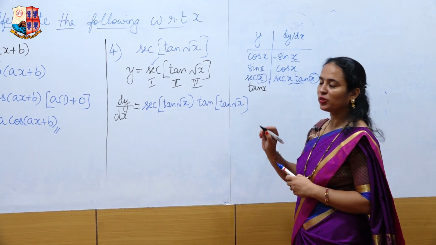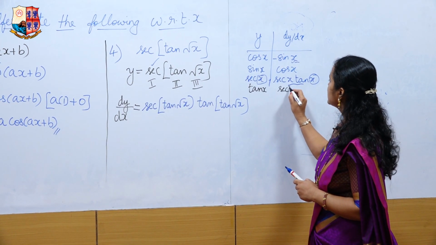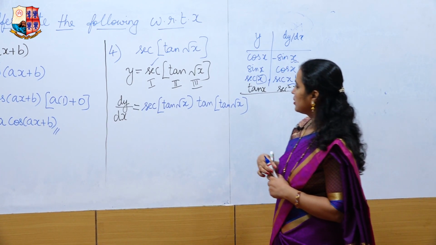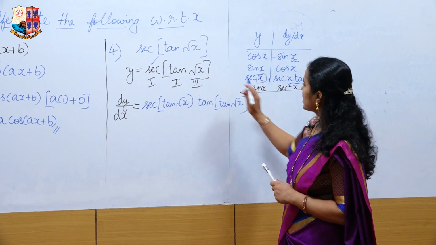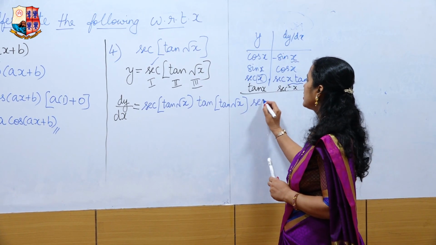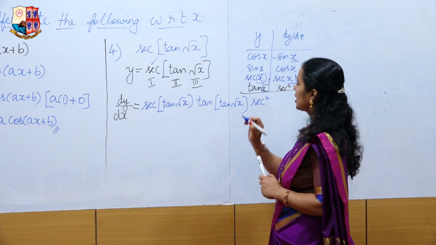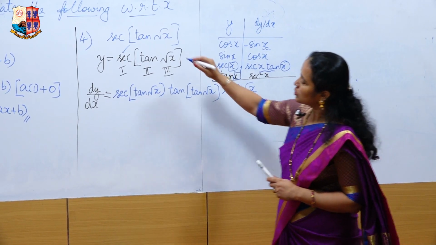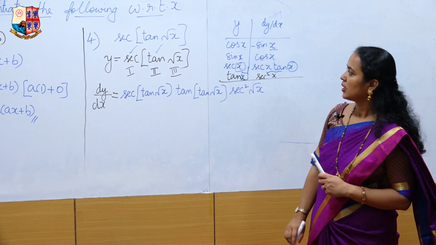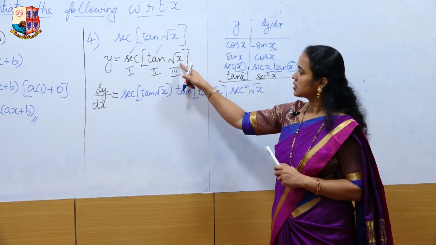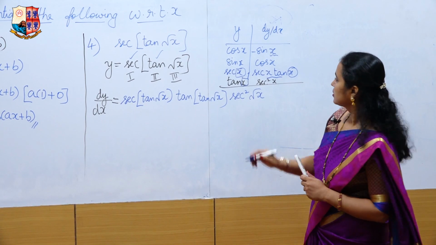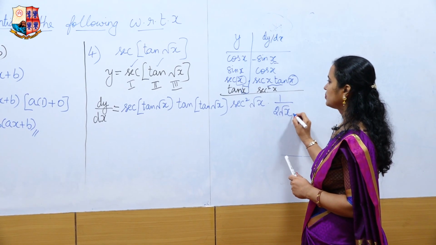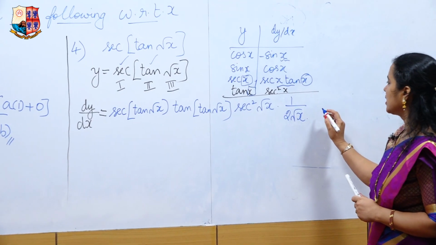Tan x, when you differentiate, you will get secant square x. So here tan root x, when you differentiate, you will get secant square, in the place of x substitute root x. So done with the tan function. Next differentiate root x. Root x, when you differentiate, you will get 1 by 2 root x. So this is your final answer.